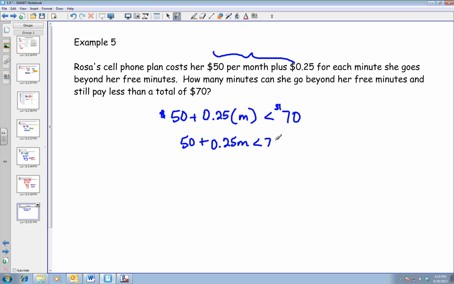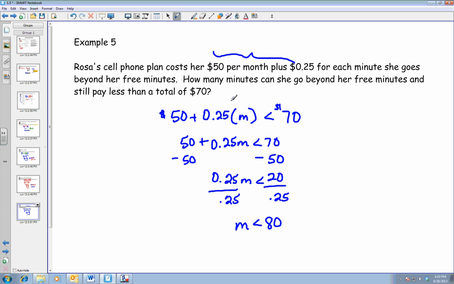50 plus 0.25m is less than 70. I'm going to subtract 50 from both sides. So 0.25m is less than 20. Divide by 0.25. So m is less than 20 divided by 0.25, which is 80.